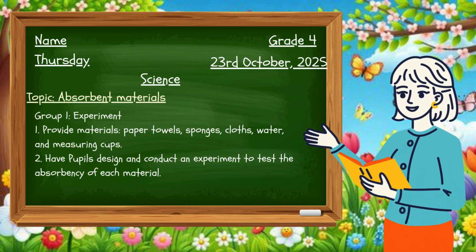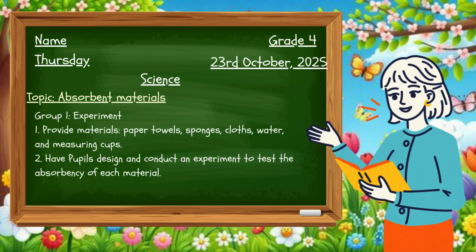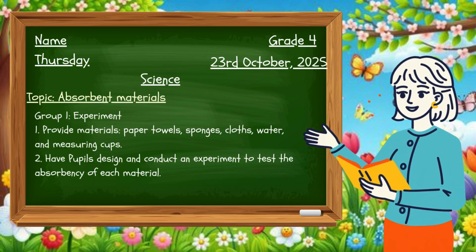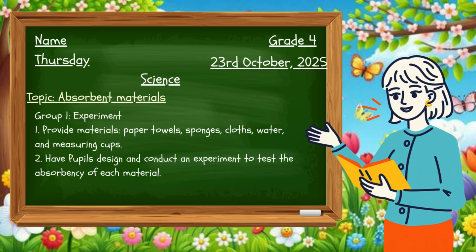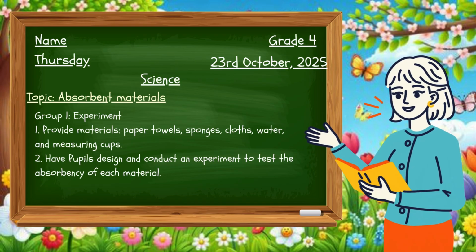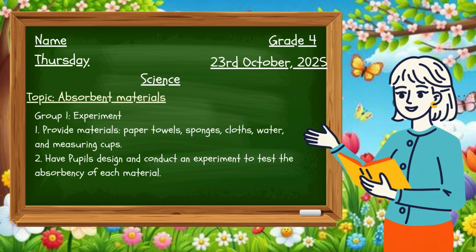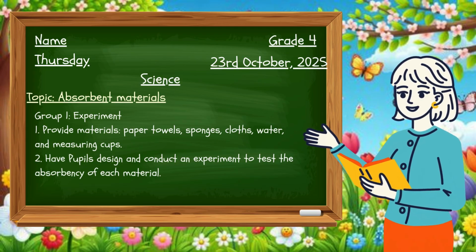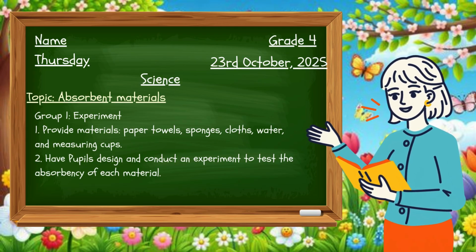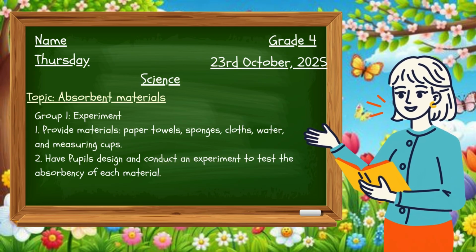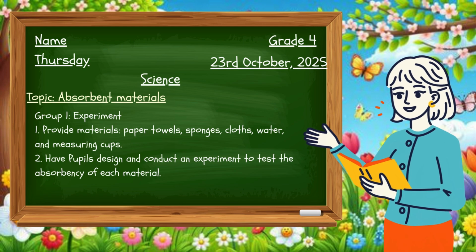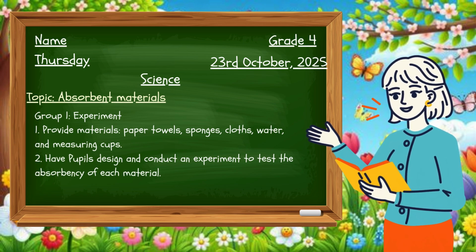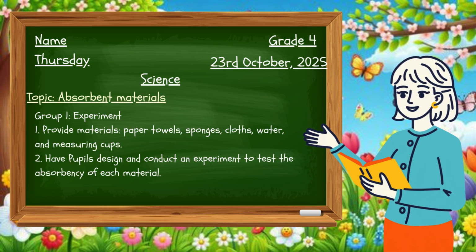You're going to design and conduct an experiment to test the absorbency of each material. So you're going to put some water into the measuring cups and put these materials into the water, and you're going to see which one absorbs water and which one does not. Remember, we're looking at absorbent materials.